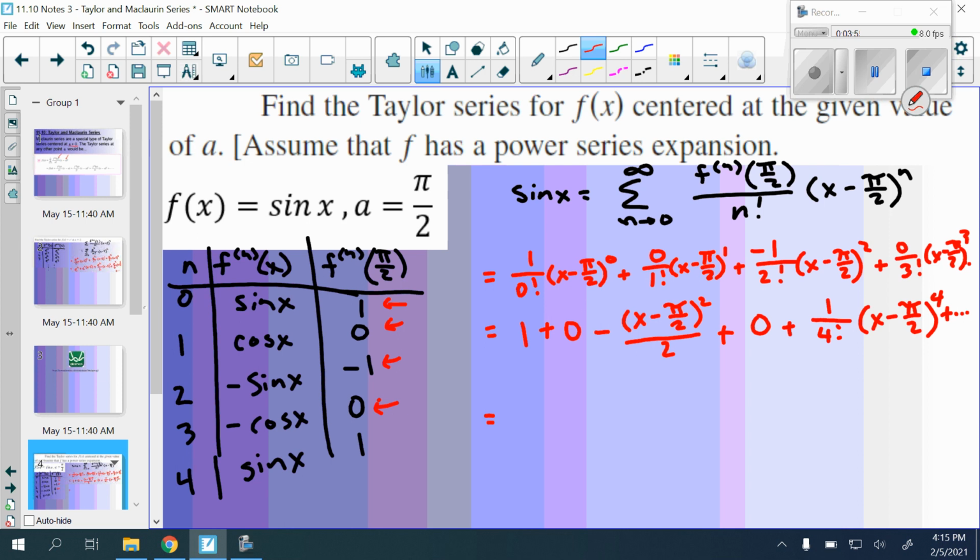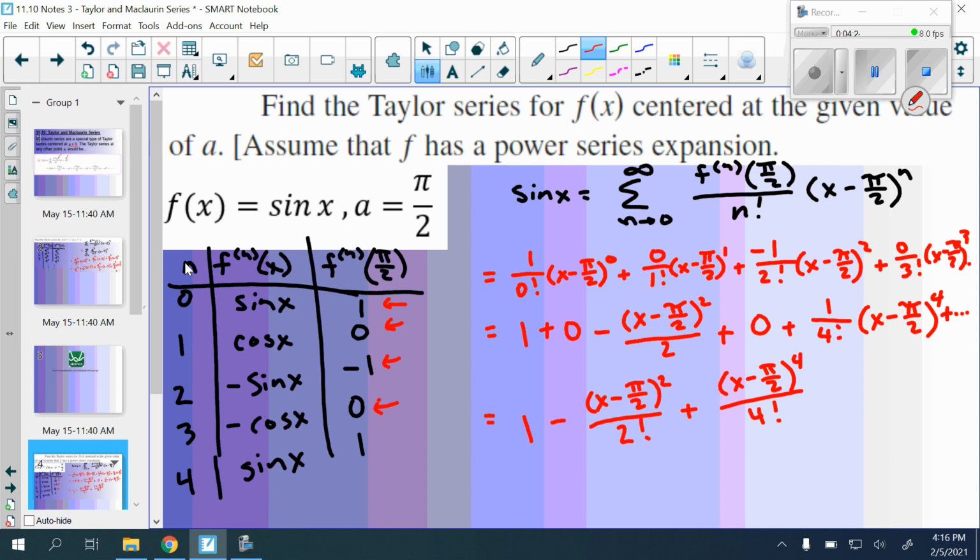Let's take out the terms we don't need, so it would end up being 1 minus x minus pi over 2 squared over 2, or if we wanted, we could keep it as 2 factorial there. The 0 one we don't need, so this would be plus the next one, x minus pi over 2 to the 4th power over 4 factorial.